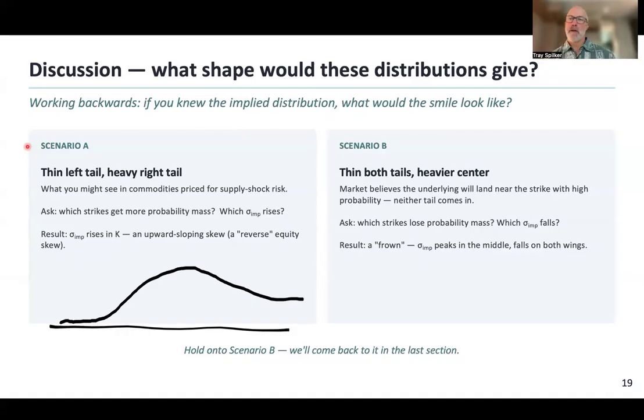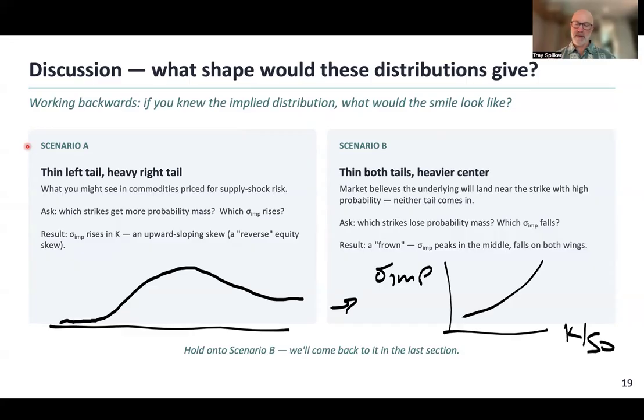This would be the distribution of prices here. So in this scenario, we would basically have a reverse equity skew. Remember what we saw with equities, our implied volatility picture would look something like this. Quite the opposite.